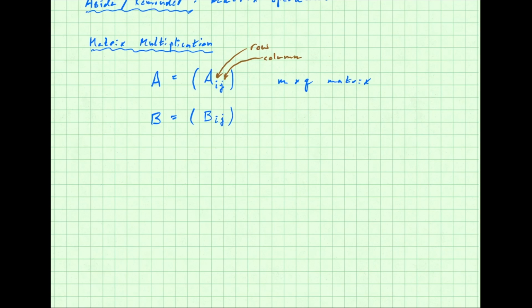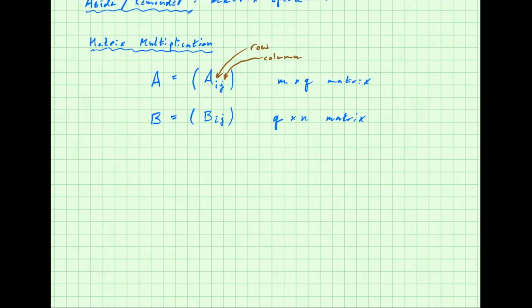And so let's suppose that's a q by n matrix. Right, so A and B don't have the same dimensions necessarily, but the number of columns in A is equal to the number of rows in B.